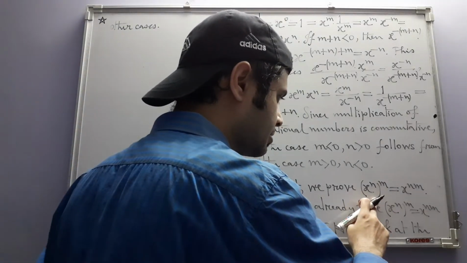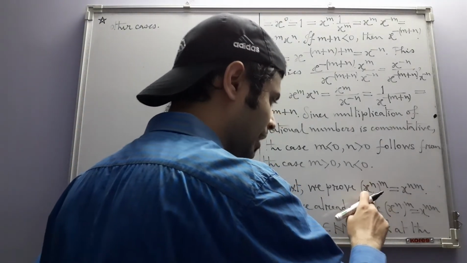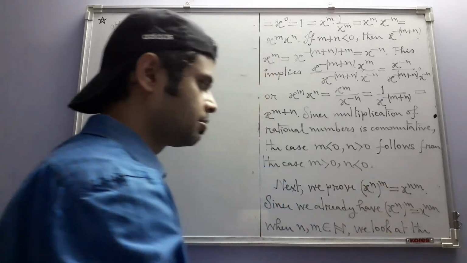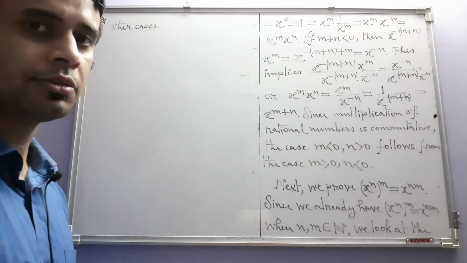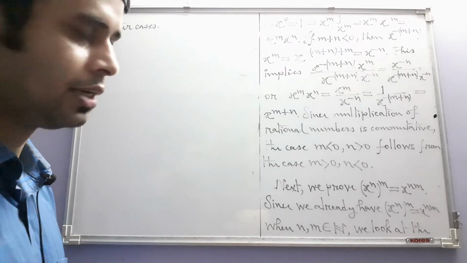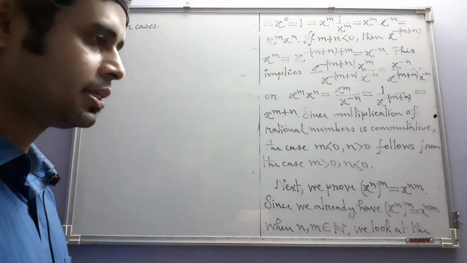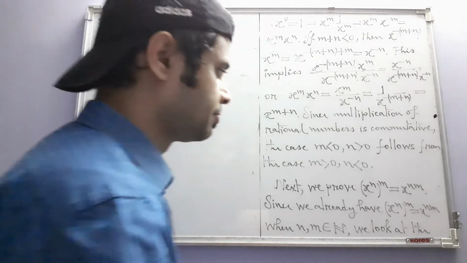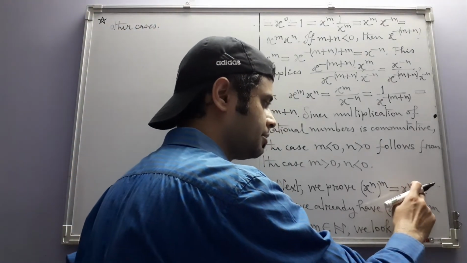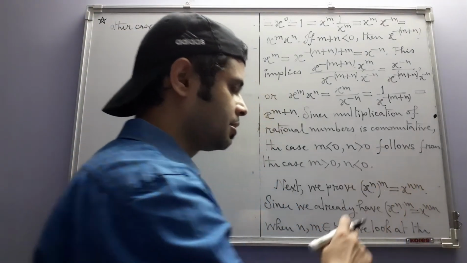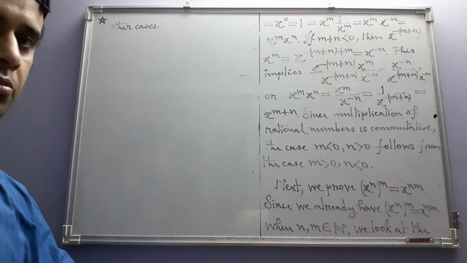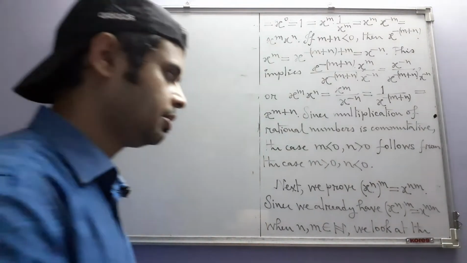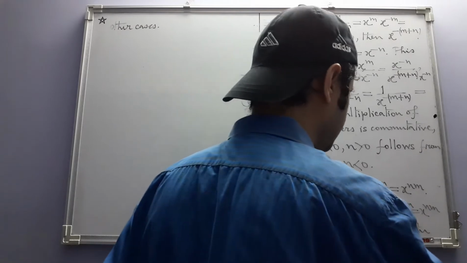In that case, 1 to the power m is 1 irrespective of the sign of m, whether m is positive, negative or 0, that is always 1. Here if n is 0, then the exponent becomes 0, so x to the power 0 is 1. So yes, we have covered that case.